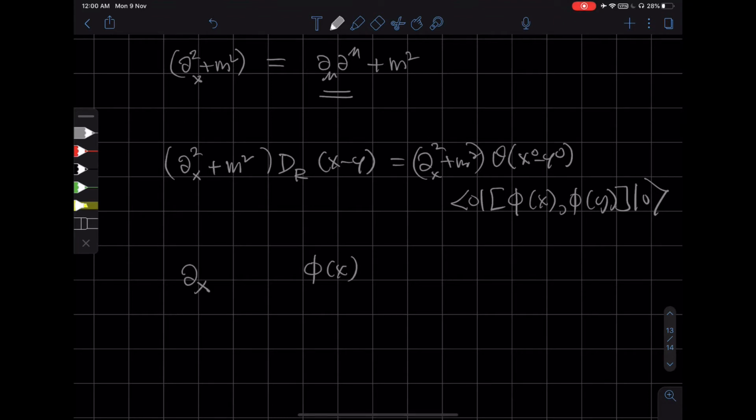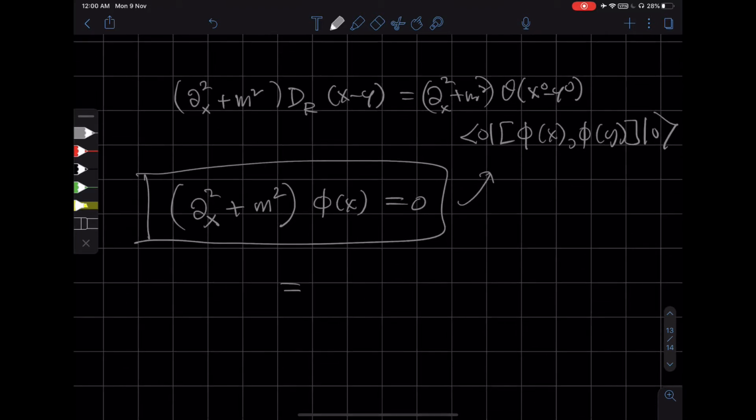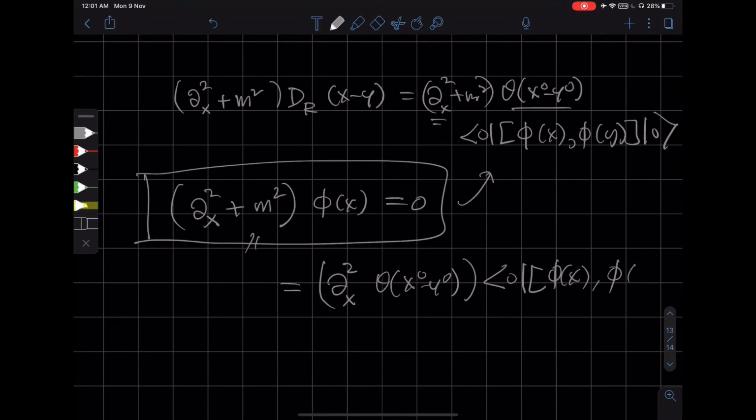And from the Heisenberg equation of motion, you can derive the quantum Klein-Gordon equation of motion, which is 0. So we're going to use this equation on the right-hand side. If you do this, what we will have is that we'll have two terms left. This operator acting on the theta function, theta of x0 minus y0, times the vacuum expectation value of the commutator.